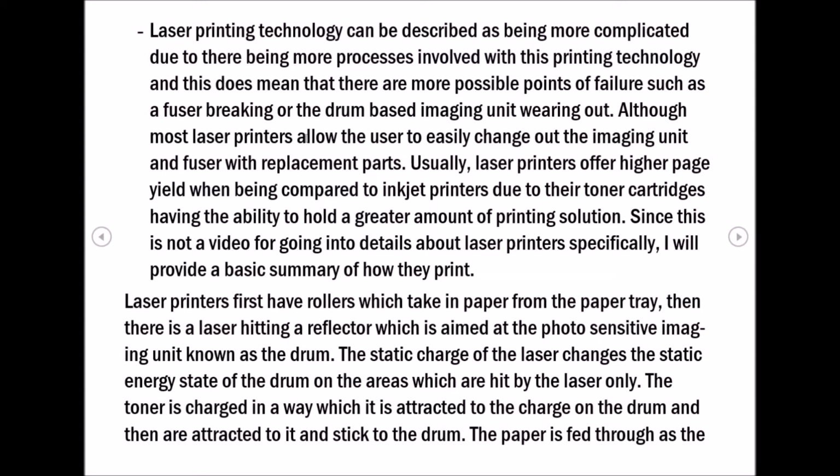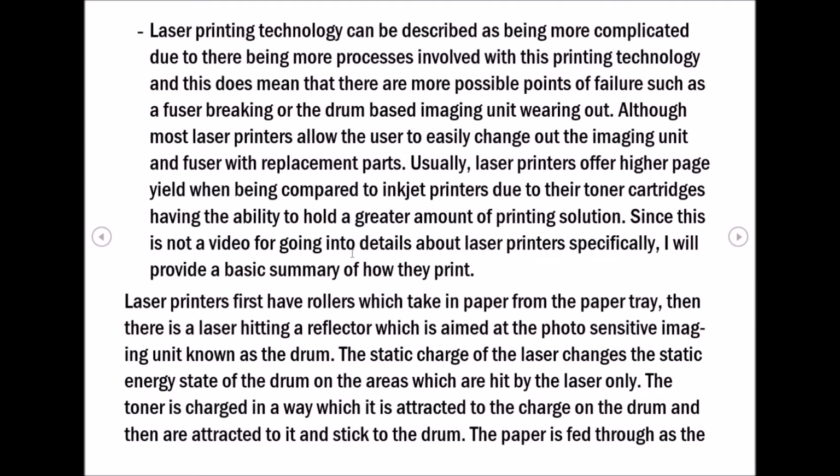Although most laser printers allow the user to easily change out the imaging unit and fuser with replacement parts, usually laser printers offer higher page yield when compared to inkjet printers, due to their toner cartridges having a greater ability to hold more printing solution.